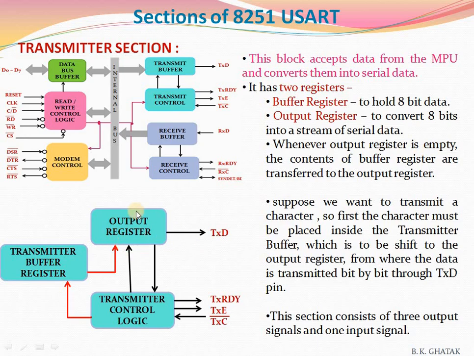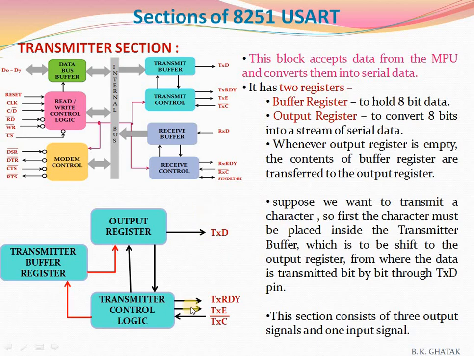So this one is the output register, this one is the transmit buffer, and this one is the transmitter control logic. Whenever this output register is empty, the content of the buffer register is transferred to the output register. The data is transmitted bit by bit through this TXD pin.